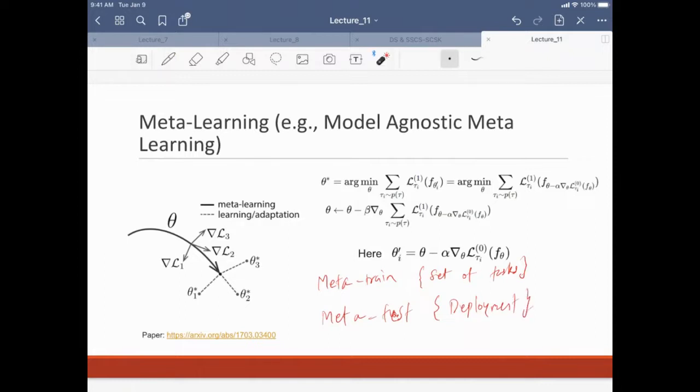So the idea in meta training is that I want to create a good initialization from my meta training set, so that once I fine tune on my meta testing, which is very few data points, right? I want to perform really well, right? So this is really critical in a few shot learning scenarios.